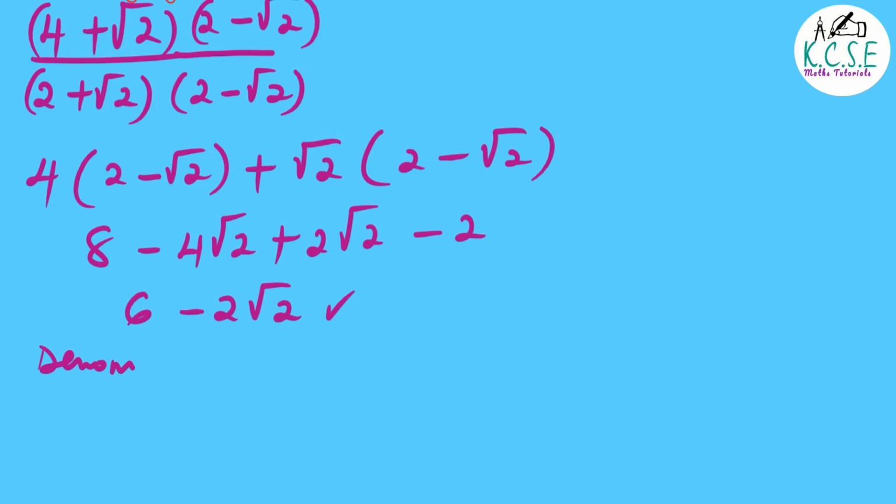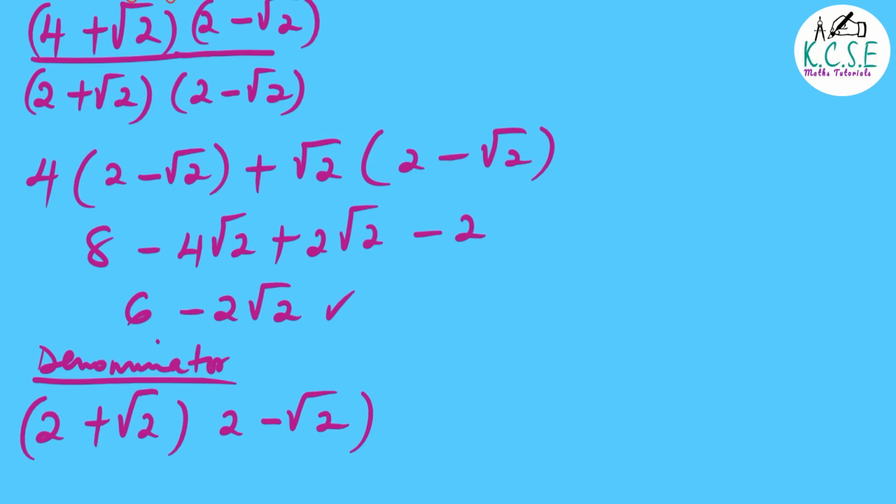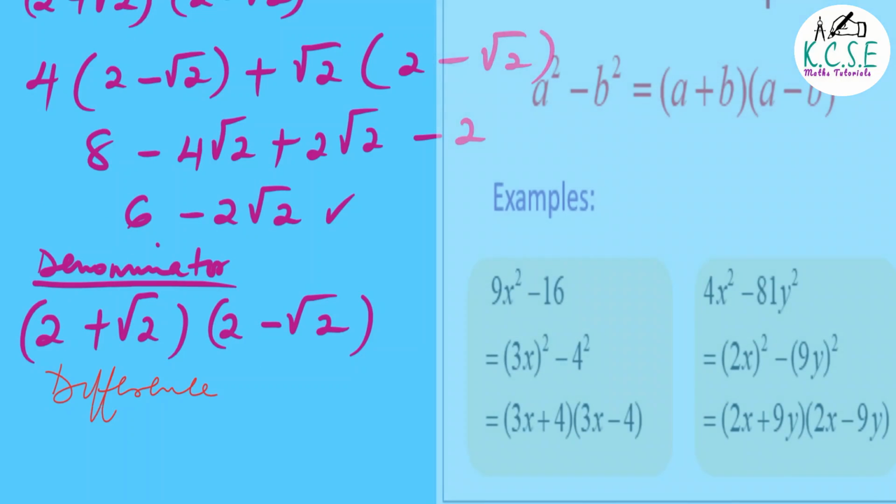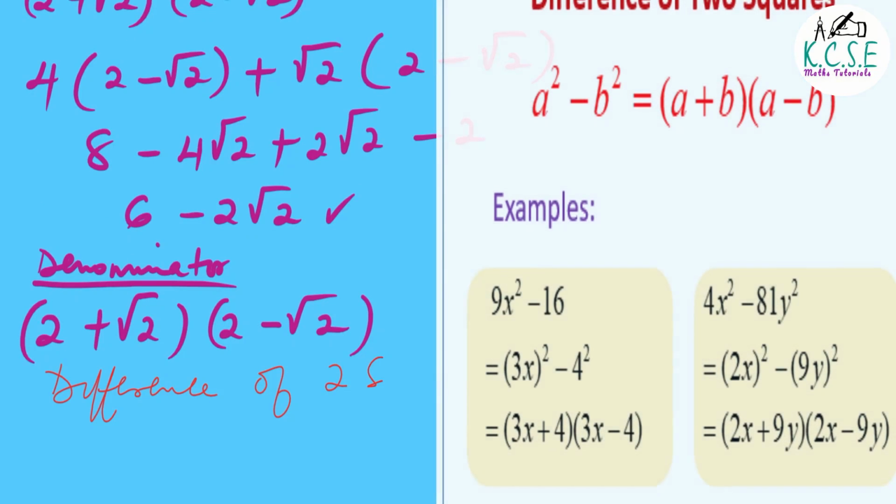The denominator is 2 plus root 2 multiplied by 2 minus root 2. So the denominator is a difference of two squares.